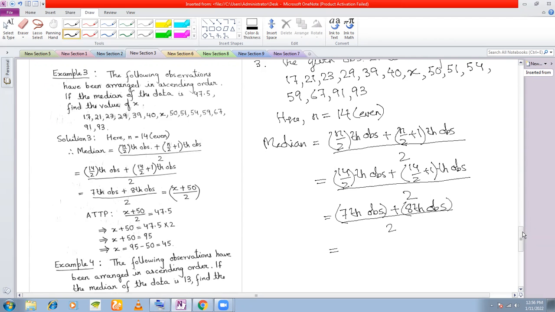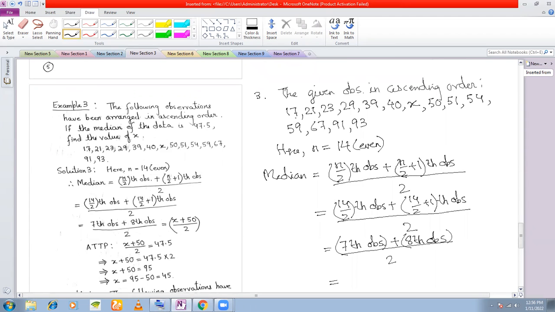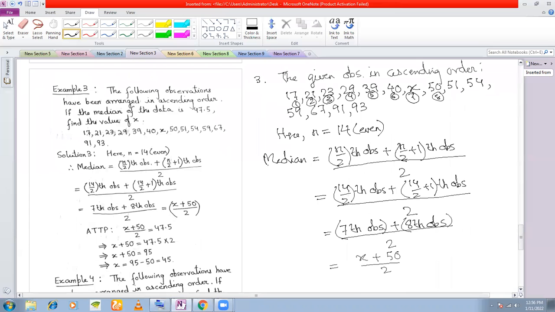Now if you see the 7th observation and 8th observation, from here first, second, third, fourth, fifth, sixth, seventh. 7th observation is X. So you write here X plus, and the 8th observation is 50. So you write 50 divided by 2. This is the median. But how much is the median given to you? Median is given to you as 47.5.